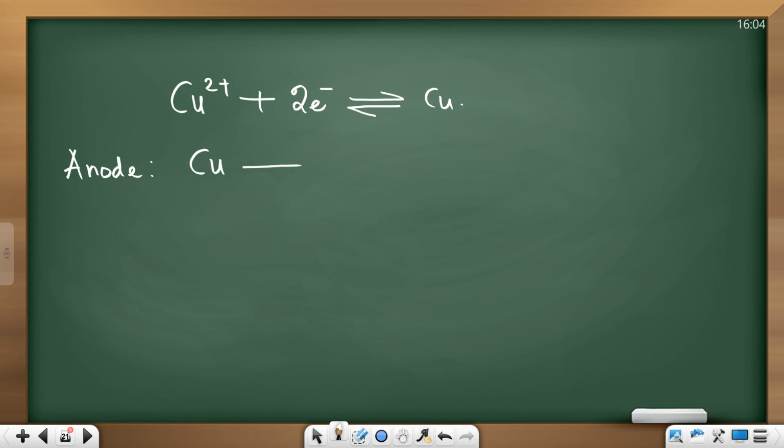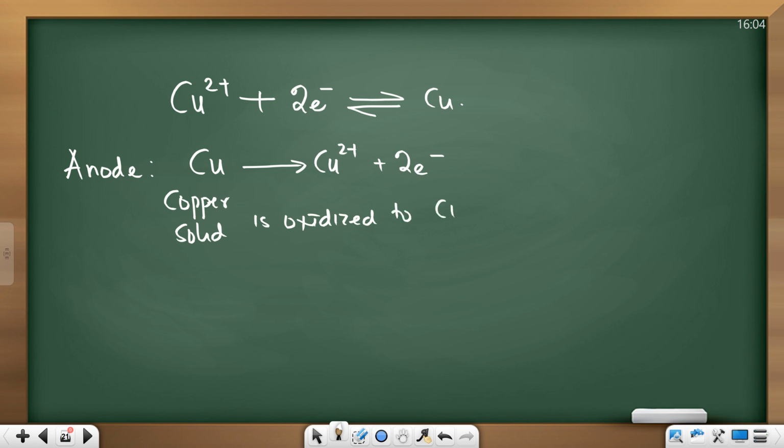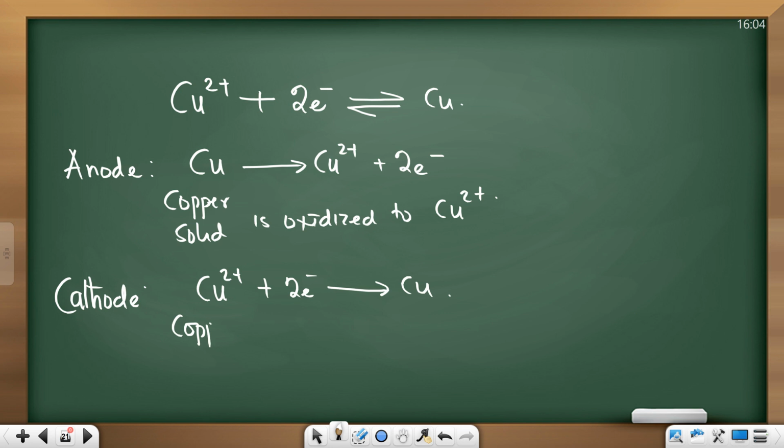We start from the right. What does that tell you? Copper solid is oxidized to Cu2+. What will I have at the cathode? Cu2+ plus 2e to give us what? Copper. What happens?